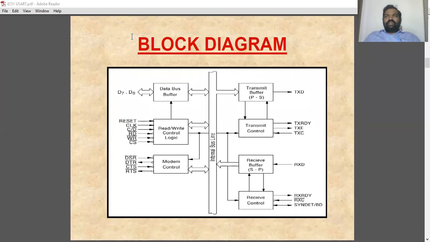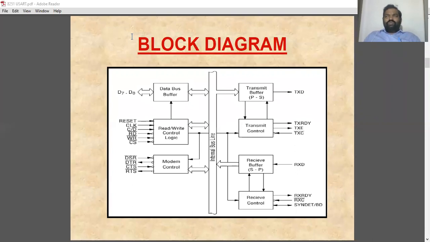In the asynchronous data transmission method, before transmitting the serial data, we need to transmit a start bit, and after that the data will be transmitted. Next, we transmit the stop bit, right?